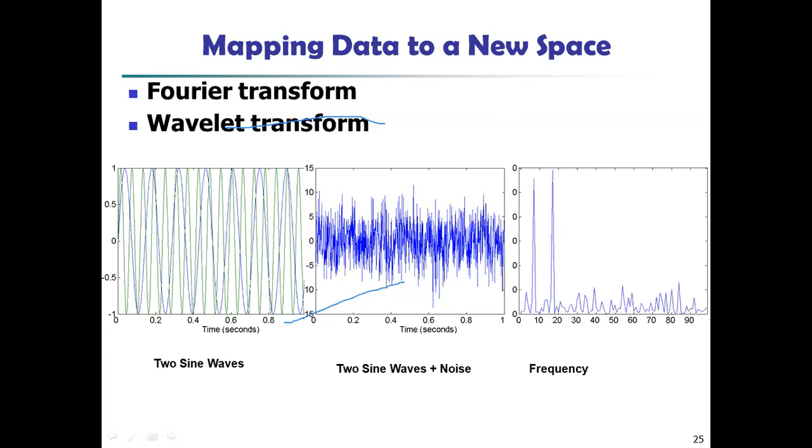Here we can consider two sine waves. The first sine wave starts from 0 to 1 and -1. So the blue line represents one sine wave, and the green line represents another sine wave. These are the two sine waves without noise.